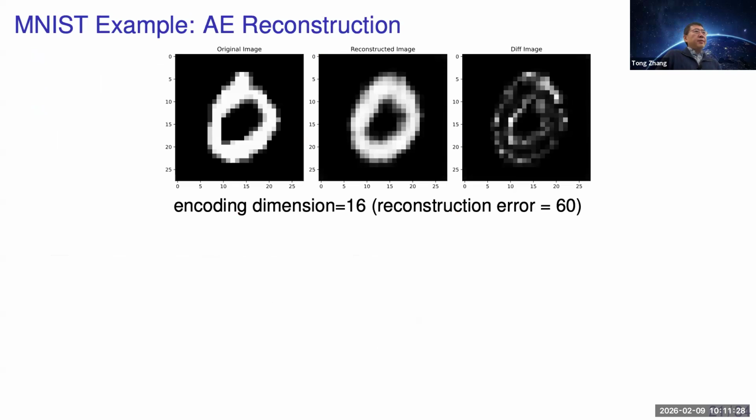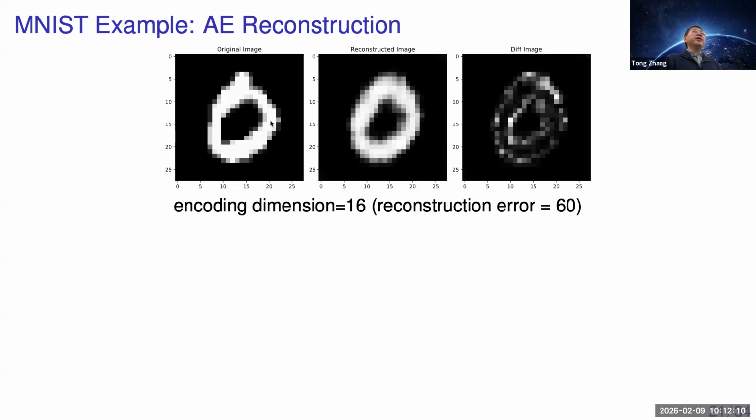So let's look at this case, autoencoder reconstruction. Basically, I just trained an autoencoder. This is the original image, right? And here is the reconstructed image. And this is the difference. For this particular example, the dimension of Z, which is the representation, is 16.